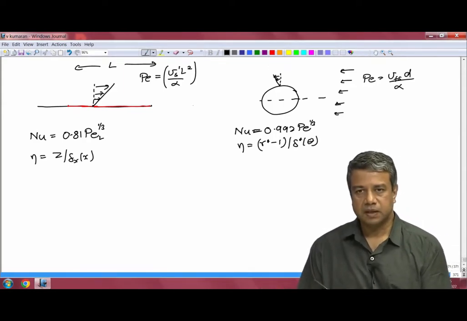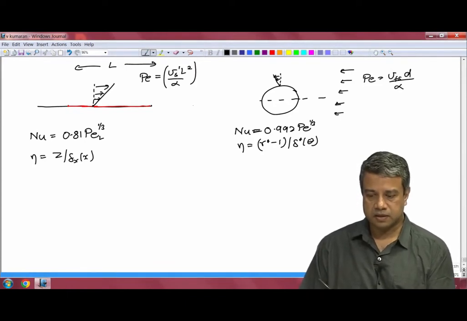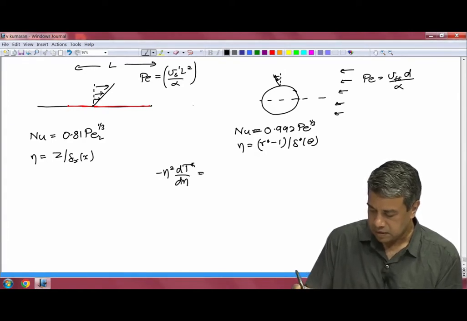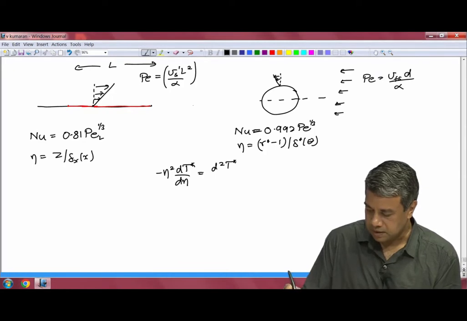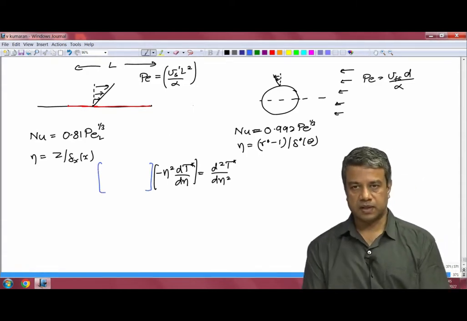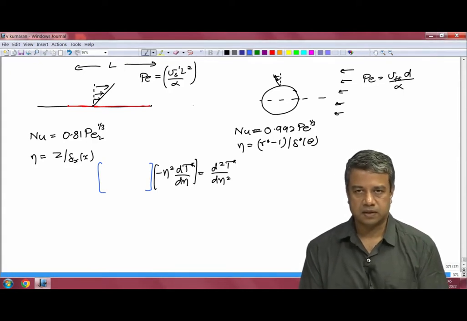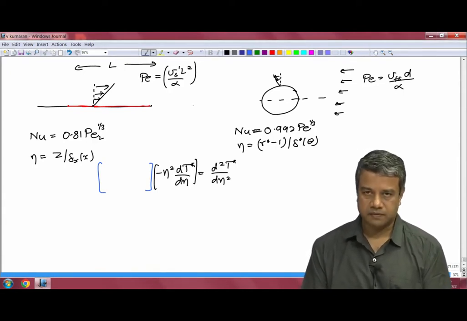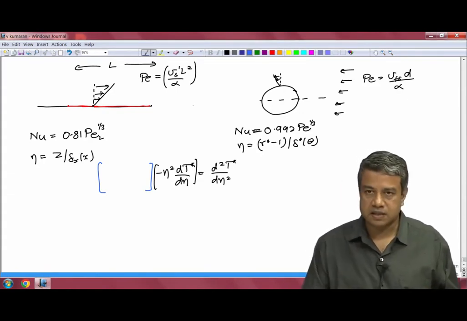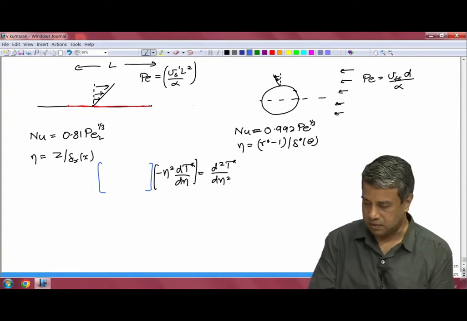And in both cases we had got an equation of the form minus eta squared dT by d eta is equal to d squared T by d eta squared, times some equation that resulted in an equation for the boundary layer thickness as a function of the streamwise coordinate. So, this was once again a common feature. In this lecture, we will try to examine why these common forms come about.